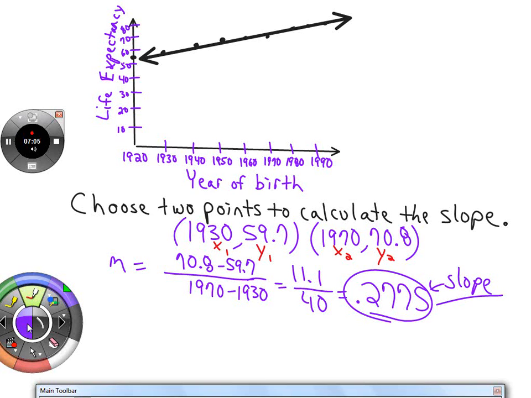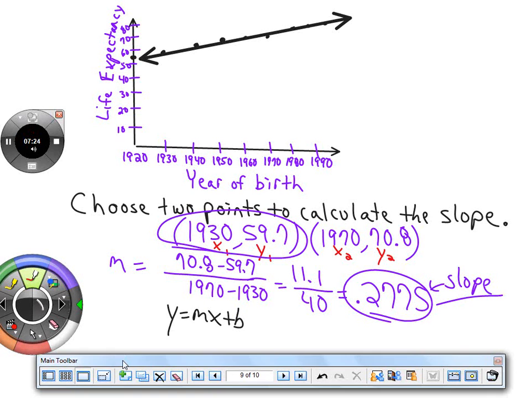So let's choose maybe this point here. There are a couple ways to do it. You can use point slope form, or you can start with y equals mx plus b. I'm going to start off with y equals mx plus b. And actually, I'm going to use a new page for this. So there's my slope, I'm going to rewrite it on the next slide. So m equals 0.2775.